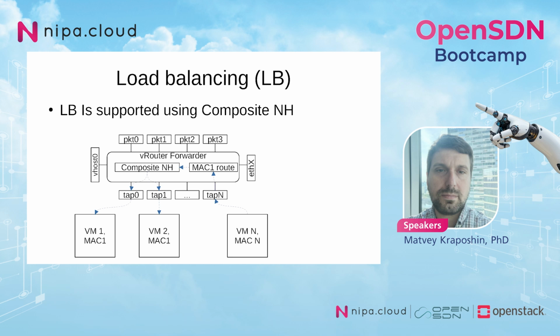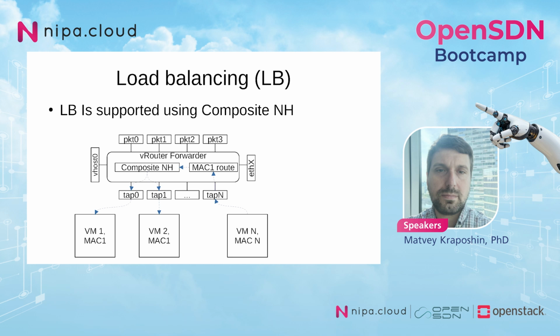Load balancing is implemented using so-called composite next hops. A composite next hop is actually an array of other next hops. So, for example, we have a virtual machine connected to tap N, and its packet wants to connect to some service having L2 address MAC1.